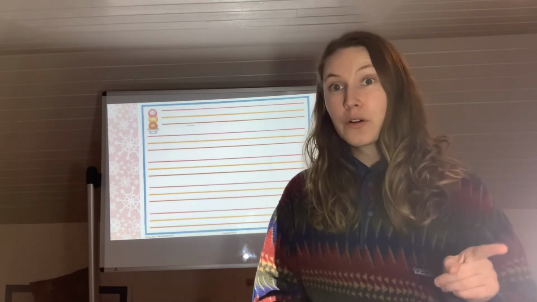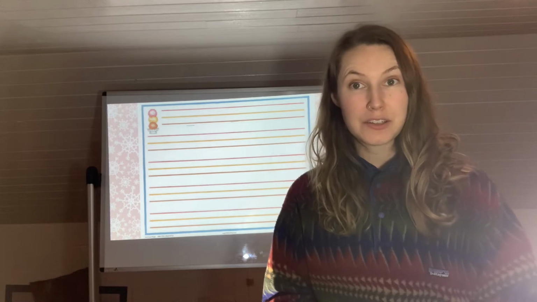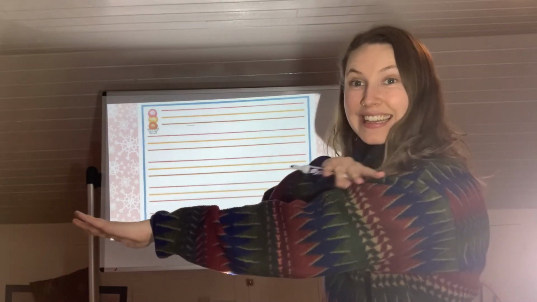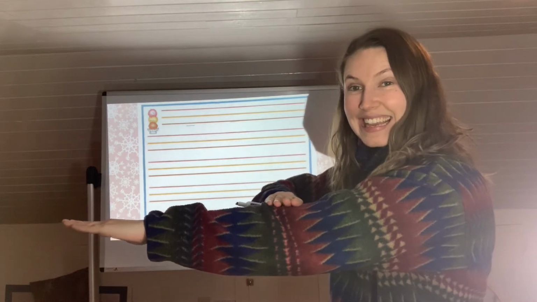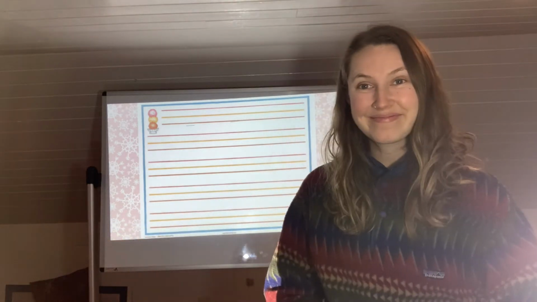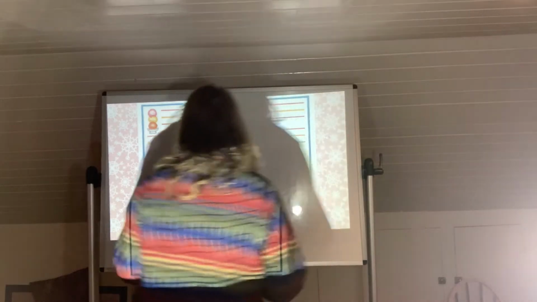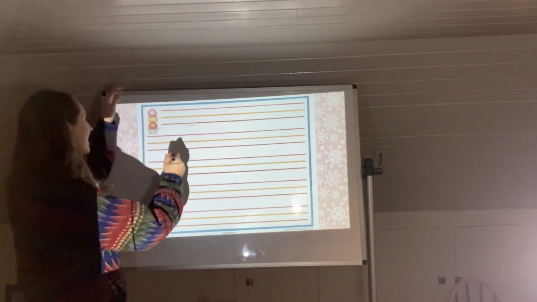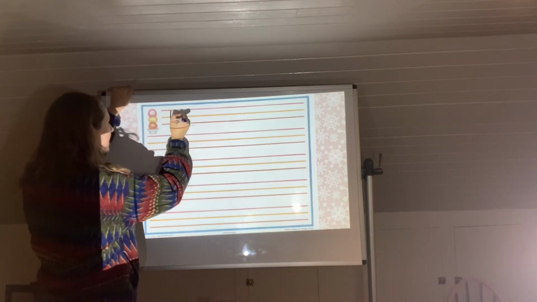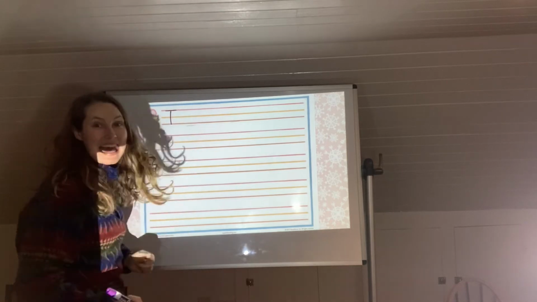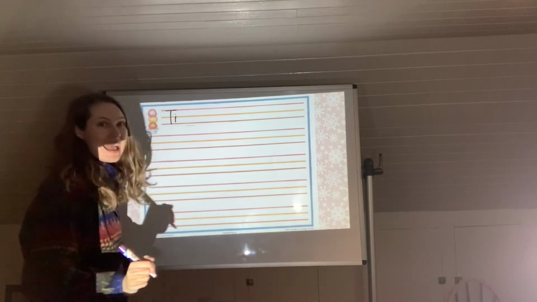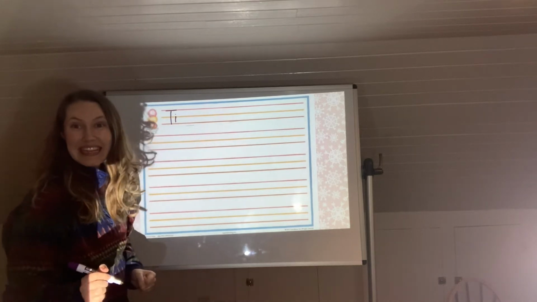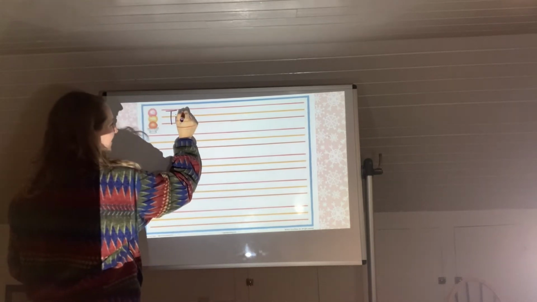Remember that for encoding, we should think about what letters we're hearing. T, I, k, t, I, k. So we should have written uppercase T, because it's a name. That I sound is letter I. And C says k, Tick.